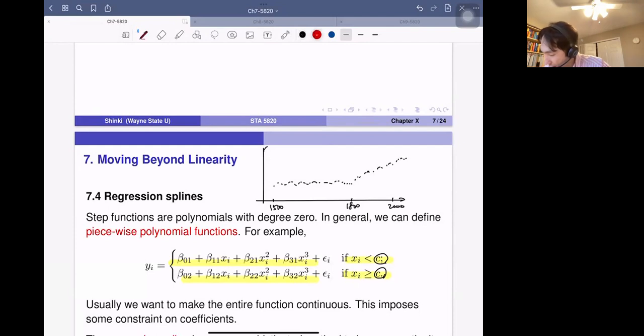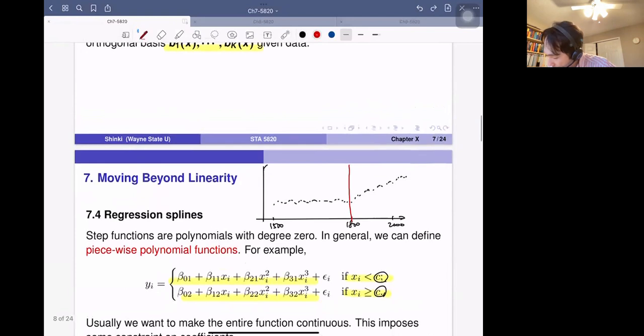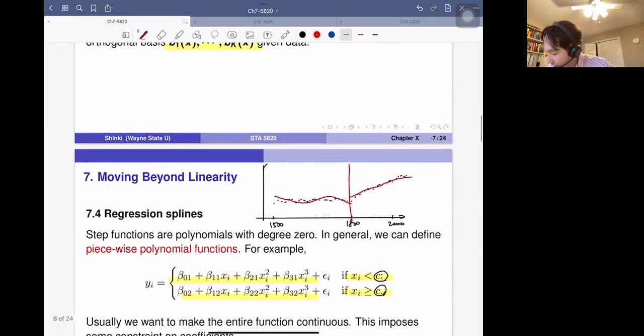Suppose that this is the break point, then we fit the data, but we don't want to fit, for example, this line and this line, because the temperature does not jump at the 1,800 years. So we don't want to have this, because physically the temperature cannot jump at 1,800.